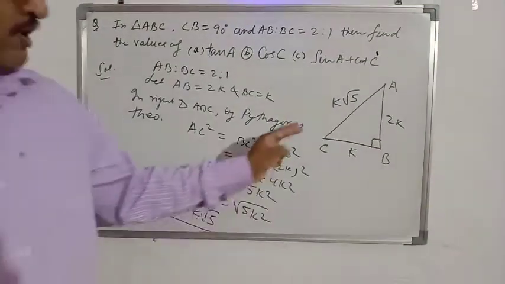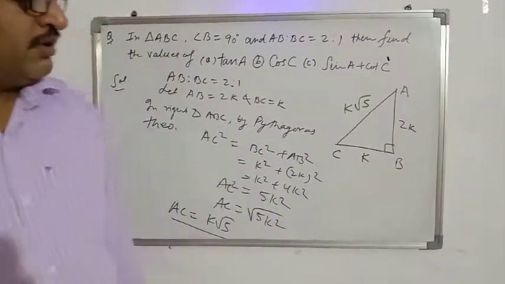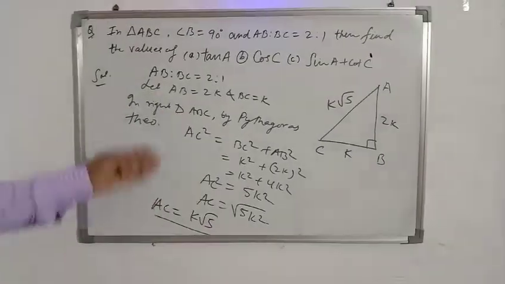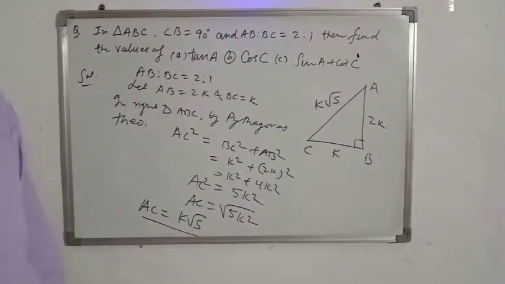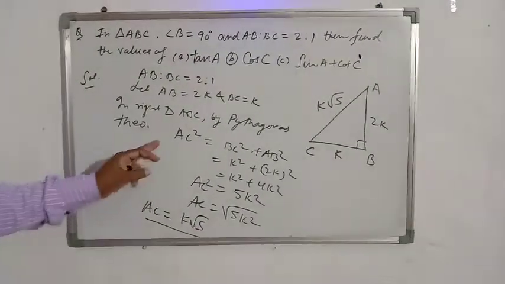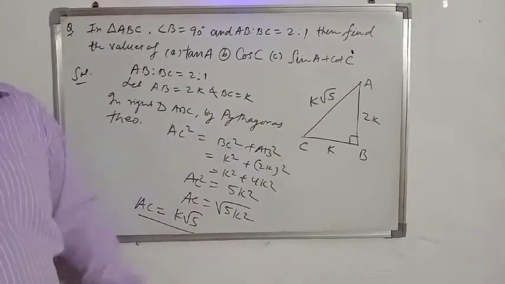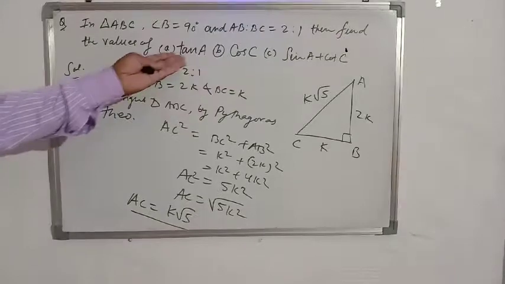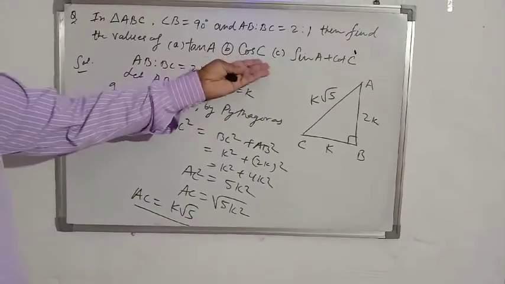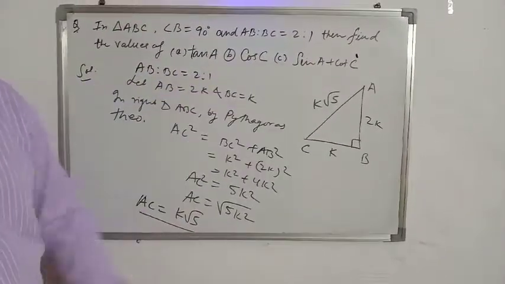So firstly we have to find all three sides of the right angle triangle. After that we can write any trigonometric ratios. Using Pythagoras theorem, we found that AC is K root 5. Now we can tell the value of tan A, cos C and sin A plus cot C.